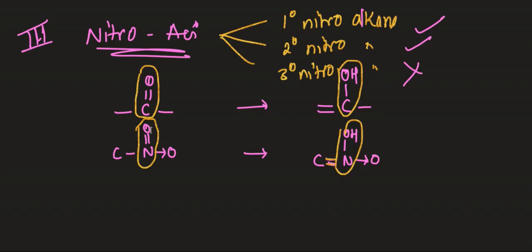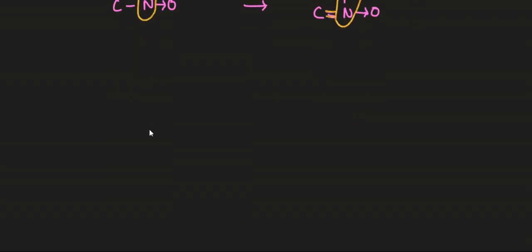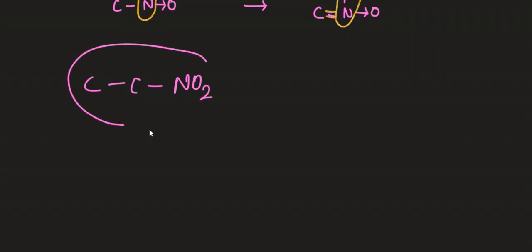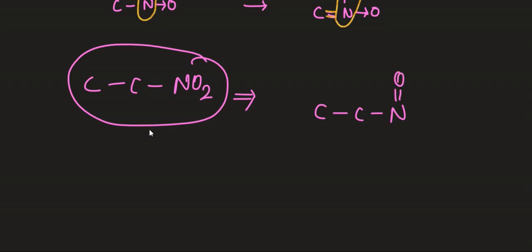Let us check the eligibility here. For example, carbon-carbon-NO2. If you elaborate the structure, it looks like carbon, carbon, nitrogen double bond O, dative bond oxygen. First of all, what is the condition? Do you have a nitro group here? Yes. It is a primary nitro group. Why? A nitro group attached to a primary carbon is called a primary nitro group.